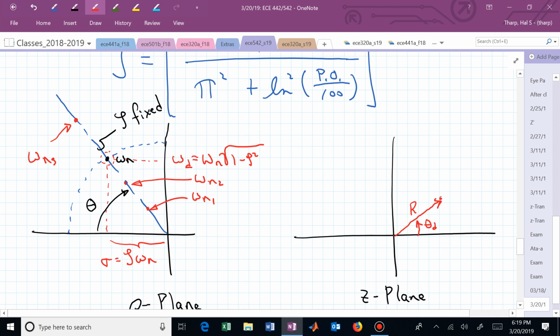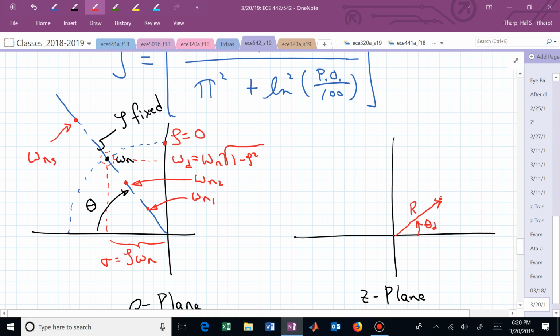This is the point right here, zeta equal to 0. If we're at zeta equal to 0, what does that correspond to in terms of a point or points on the z-plane?